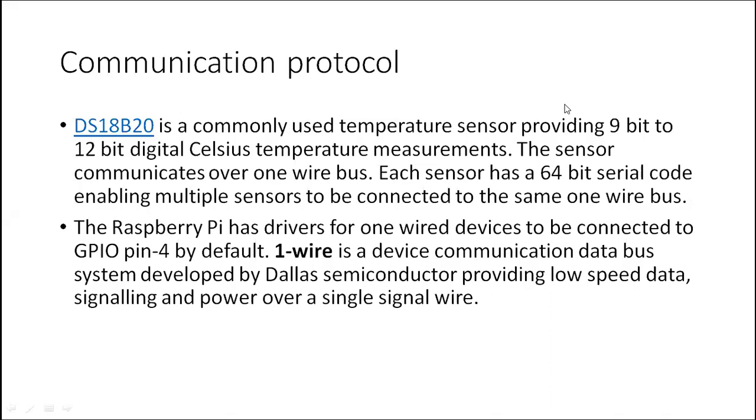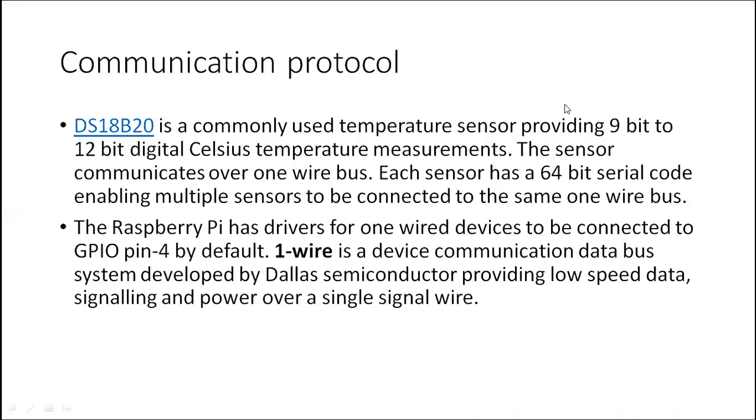Each sensor, if you take, has an ID. A 64-bit ID is given to each sensor. Whenever you connect more than one temperature sensor, you can identify them through the ID. For example, you have kept temperature sensors in an industry.